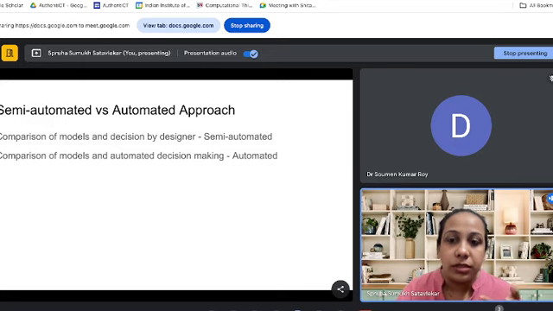That kind of decision is done by the designer, but the same thing can be automated. If you put the logic of the designer in terms of computation, then that decision making can be done with automation as well. In that case it is an automated type.